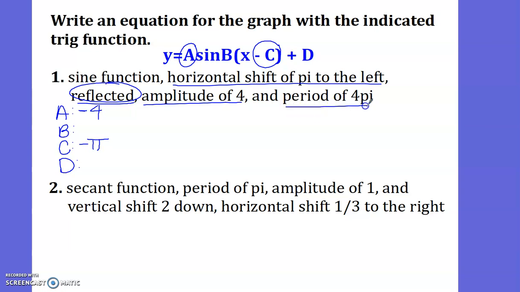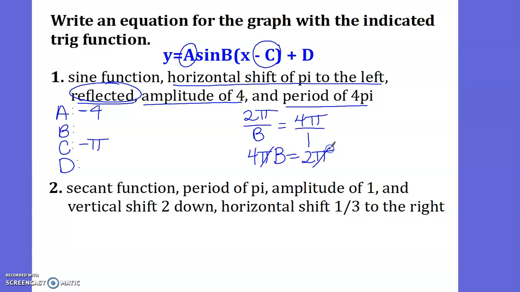It has a period of 4 pi. The period comes from B. So what I'm going to do is say 2 pi over B equals the period, which is 4 pi. Okay? So if I cross multiply this, I get 4 pi B equals 2 pi, because my goal here is to solve for B, so I can plug that into the equation.